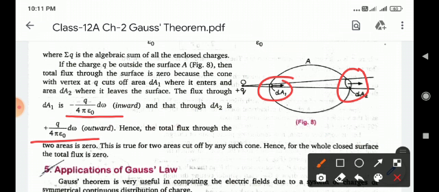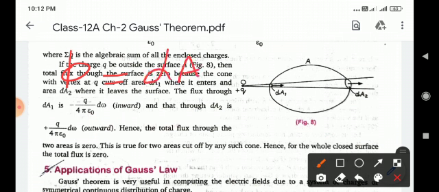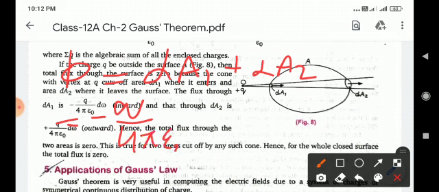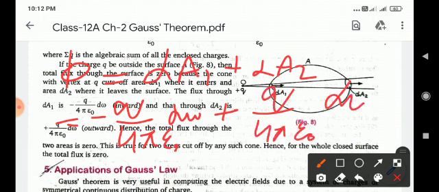The inward flux is minus q upon 4 pi epsilon naught d omega, and the outward flux is q upon 4 pi epsilon naught d omega. Then the total flux through the two areas is equal to 0. Children, see, phi is equal to the flux through dA1 plus dA2, that is minus q upon 4 pi epsilon naught d omega plus q upon 4 pi epsilon naught d omega.